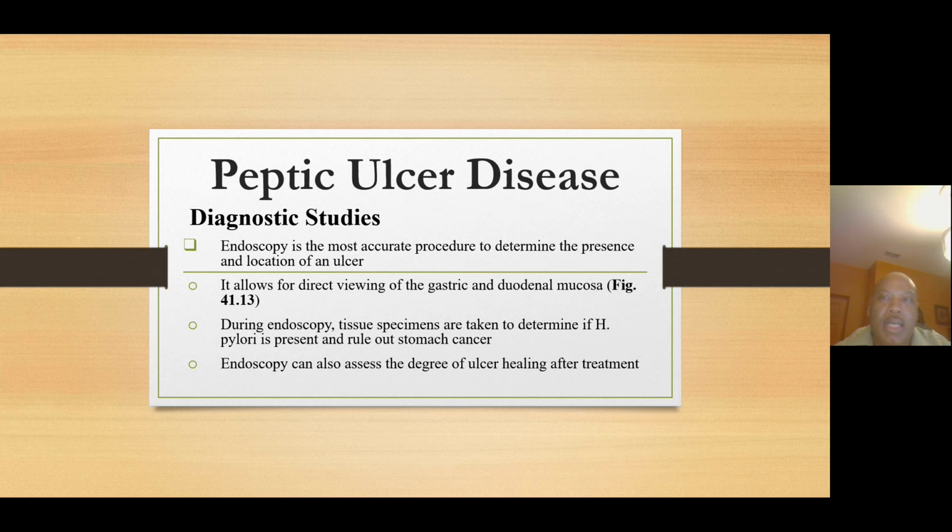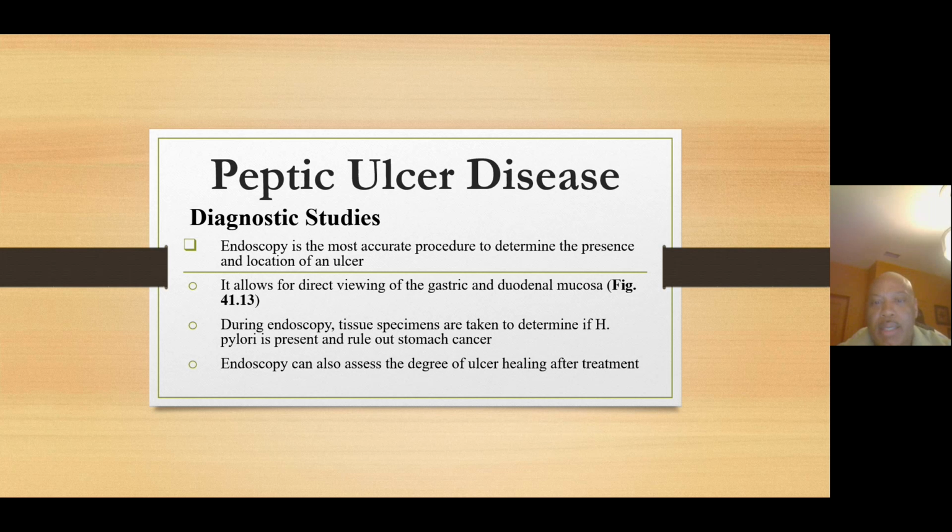And of course, the diagnostic studies are also a part of the assessment as well. So think about the nursing process. We're still in the assessment phase because we want to run a variety of tests and determine if the patient does have peptic ulcer disease.